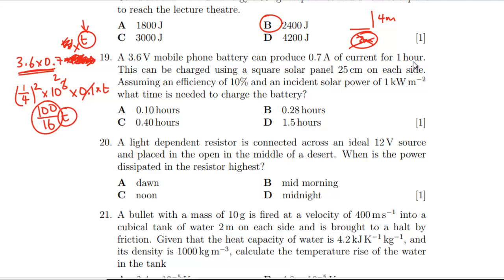That t is just 1 if we stay in units of hours. So yeah, I can convince myself that that's okay. So that t then is going to be 3.6 times 0.7 times 16 divided by 100.